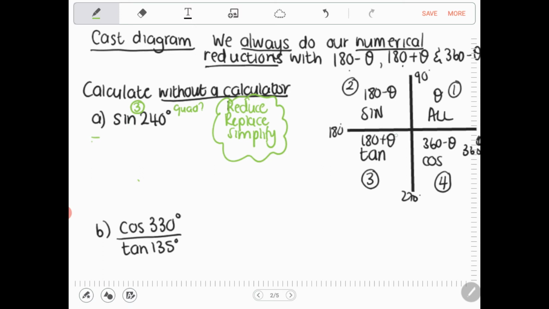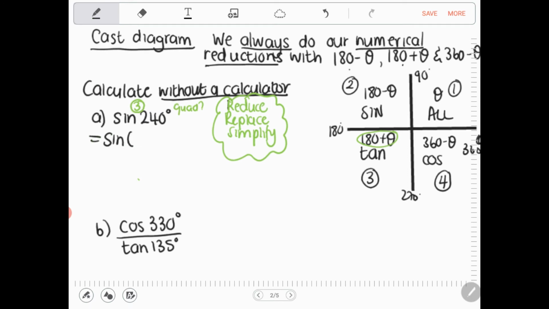So we've got to write it using what we have in that quadrant, 180 plus theta. So what we do is we write the 240, it says 180, so 180 plus, because it's a third quadrant angle, it's going to have to be plus 60, because 180 plus 60 gives me 240.